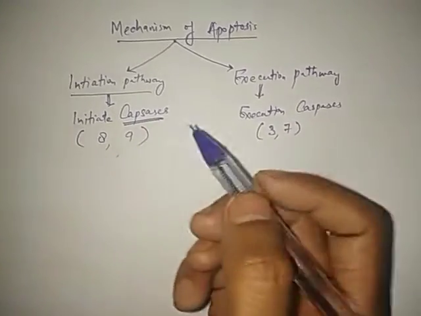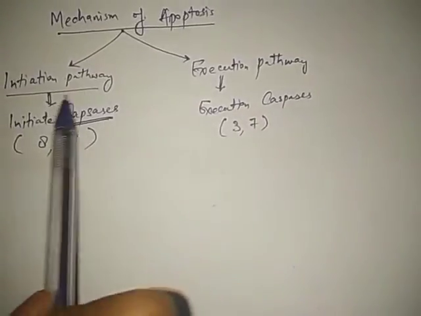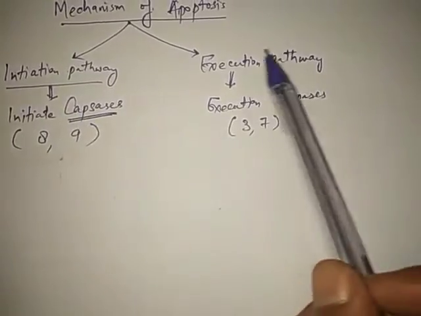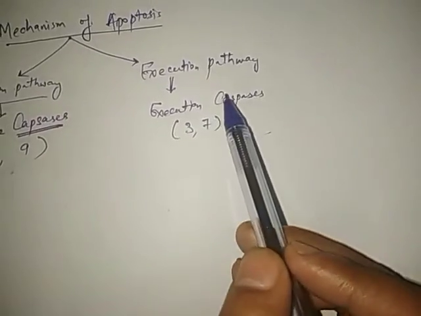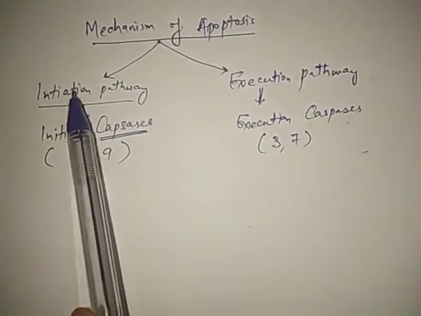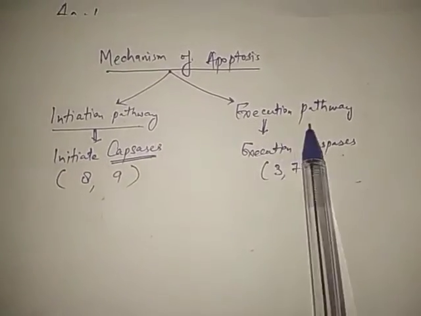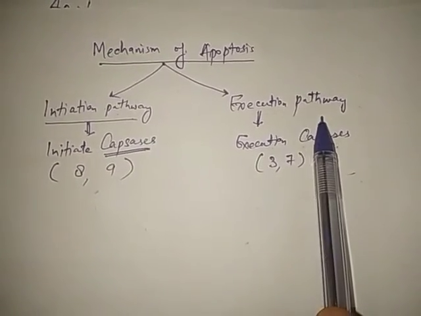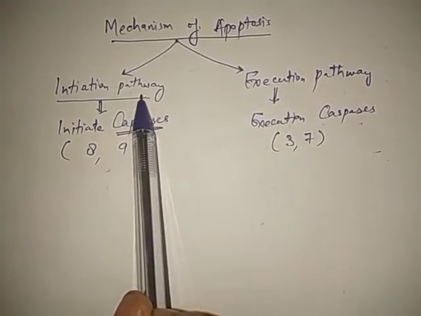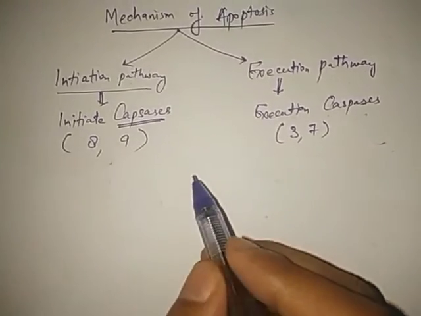So basically apoptosis occurs by two mechanisms. One is the initiation pathway, which is done by the initiator caspases. The other is the execution pathway, which is done by the execution caspases. The initiation pathway is also called the initiation phase, while the execution pathway is also called the execution phase. First we will study the initiation phase, then the execution phase. So let's take the initiation phase first.